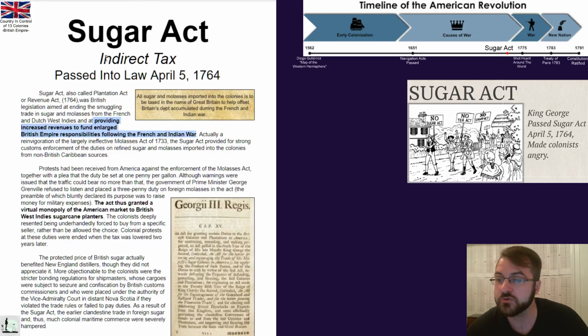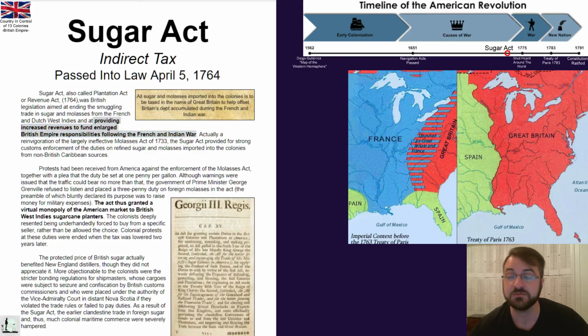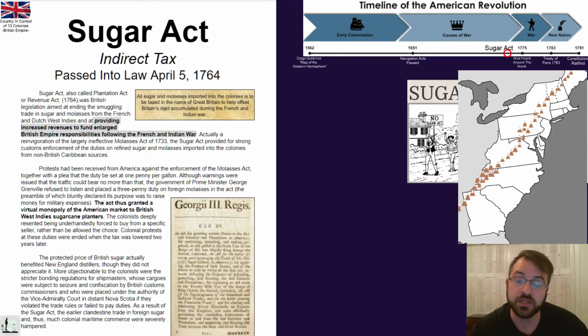Why would they have enlarged responsibilities? Well, because of the Treaty of Paris, we know that Great Britain gained a large amount of new land, and there was a large barrier in place, the Appalachian Mountains, that they were going to guard, saying that these people can't go past it because of the Proclamation Act of 1763. Don't go past these mountains.